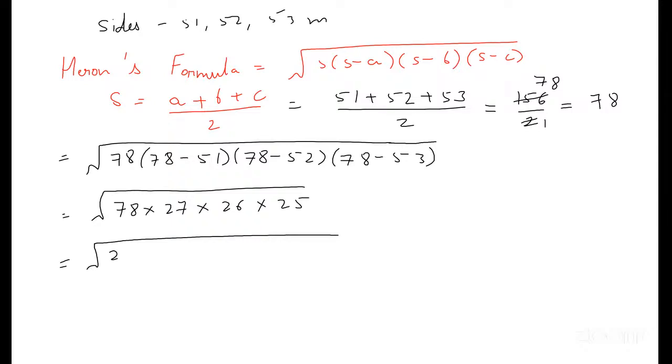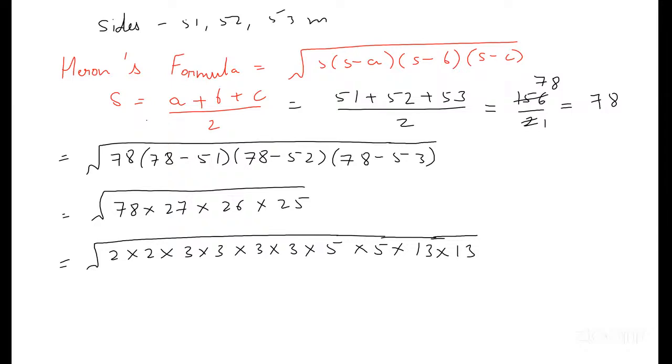Only two 5s, ma'am. Only two 5s. Okay, then after that, into 13 into 13. Okay, which all equals to 2 into 3 into 3 into 5 into 13.